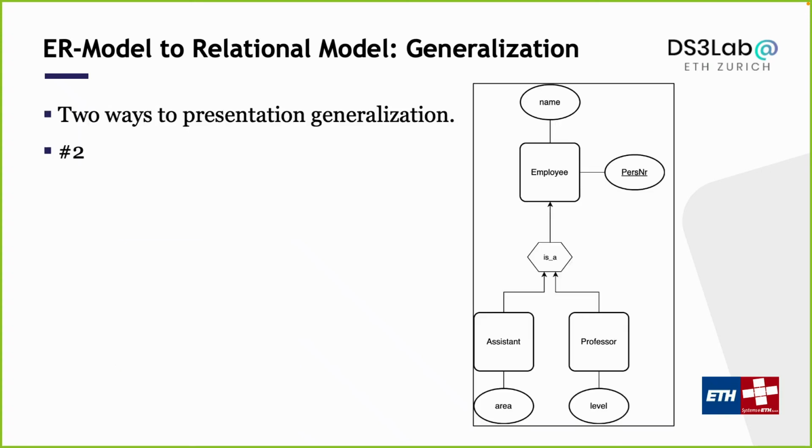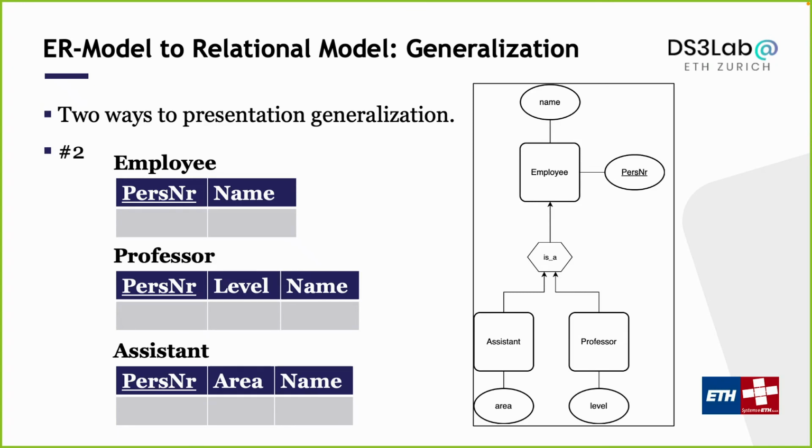Another thing that you could do is this. I store all the information associated with a professor. For the professor relation, I store personnel number and level. I know professor is an employee, so it must have a name. So I have one professor relation that stores personnel number, level, and name. That's all the attributes associated with that professor. Then I could have another assistant table do the same thing.